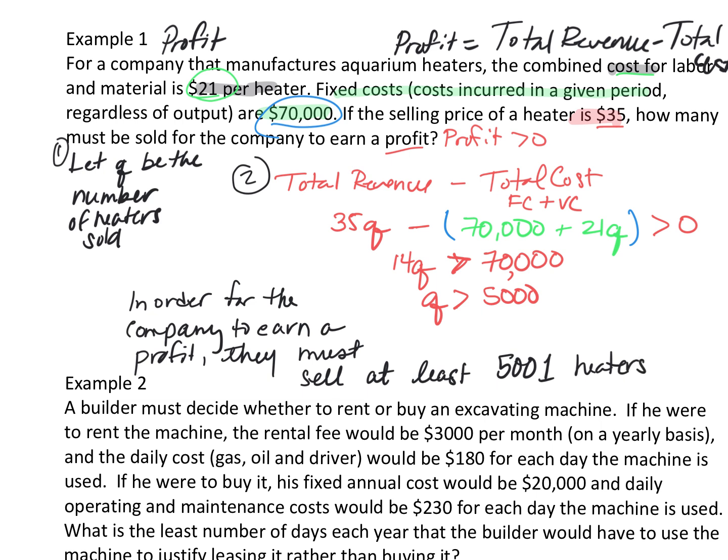That's the least amount. Could be greater than that, but the least amount is 5,001.